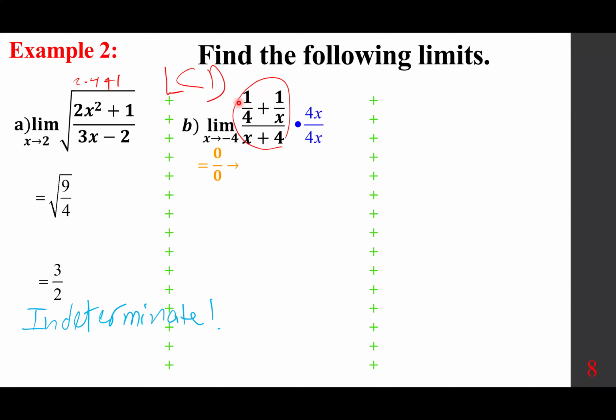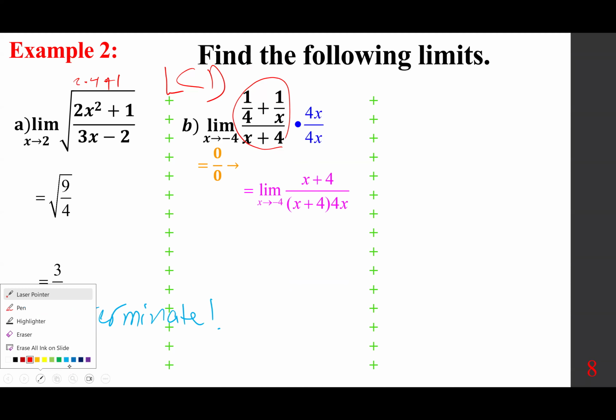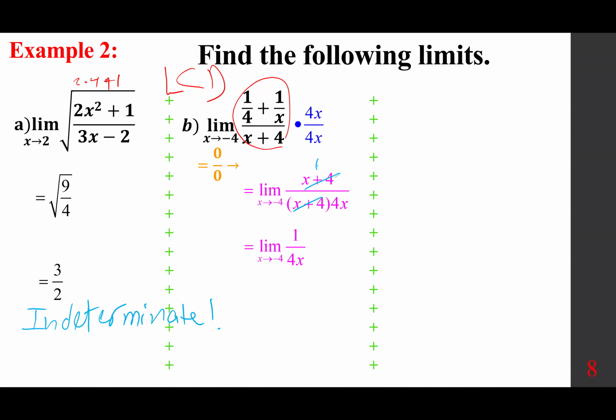The top is 4x times 1 over 4, which is x, plus 1 over x times 4x, which is 4. And therefore, we can drop these two. We get the limit of 1 over 4x as x approaches negative 4. Plug in and we get negative 1 over 16.